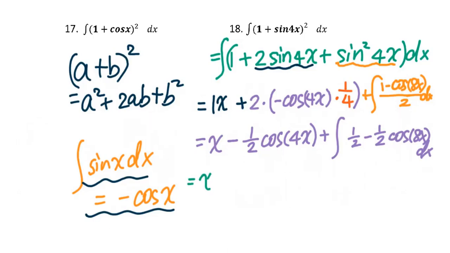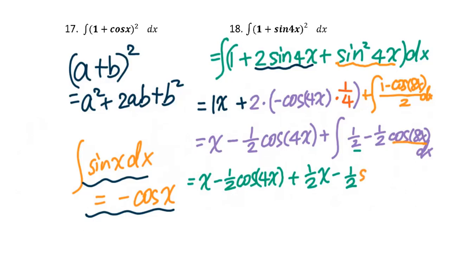You will get the x minus 1/2 cosine 4x plus 1/2 we take out, you will get the 1/2 x minus 1/2. Integral of cosine 8x, it will be sine 8x.